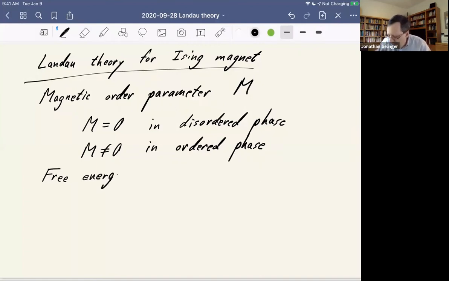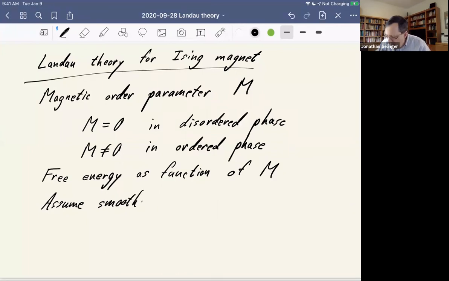So we want the free energy as a function of m. Okay. So let's assume smoothness. That is, we assume that the free energy must be a smooth function of m, right? That as we change m, we don't have any sudden jumps in the free energy.